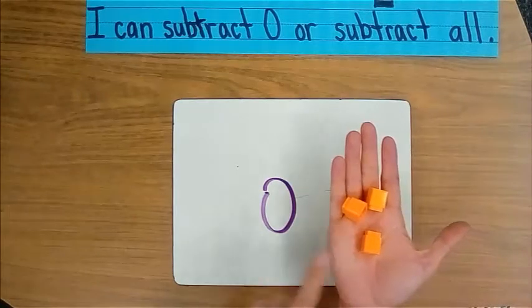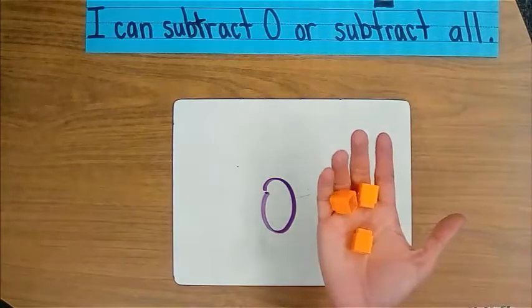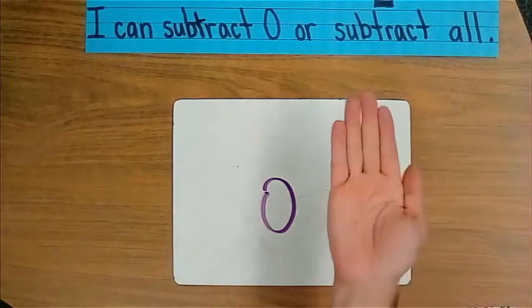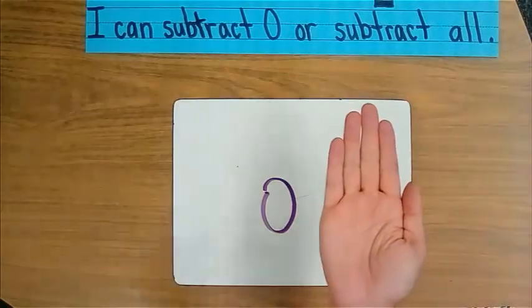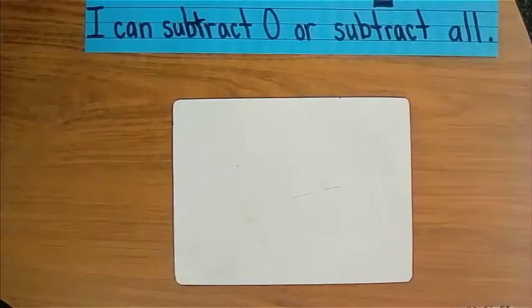I don't have 0, I have 3 blocks in my hand. So, when we talk about 0, that means usually that we have nothing, like I have no blocks in my hand. Okay? So let's write down some examples of what 0 might look like.